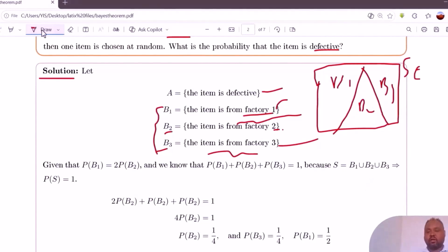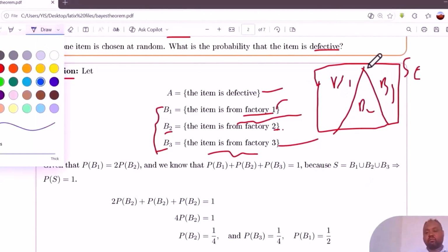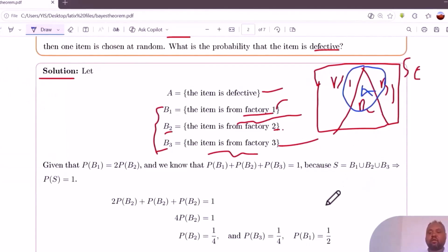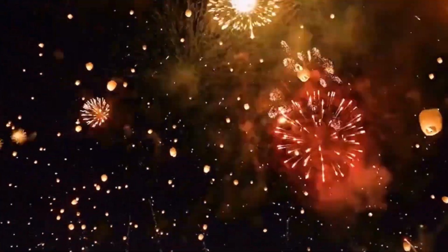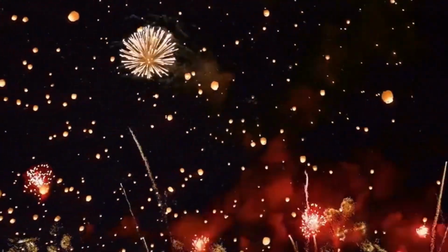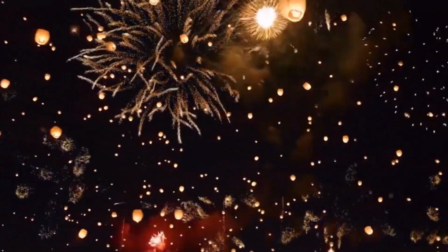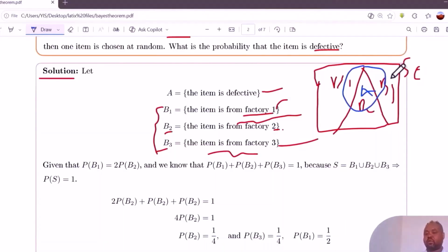Over this, if I define an event A, this event A is about the item being defective. This defective item can be from machine 1 or machine 2 or machine 3. So what's the probability of getting a defective item?